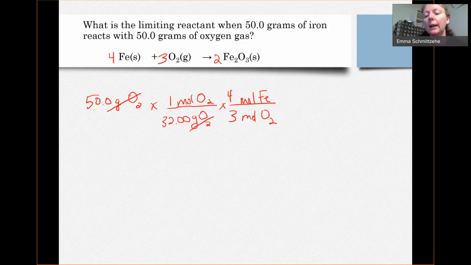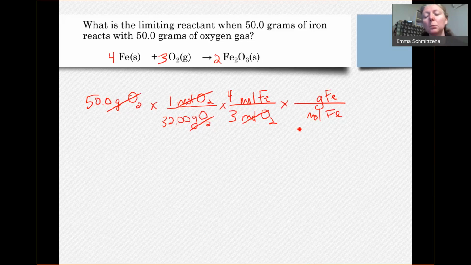Next up, since the iron that I have is in grams, I'm going to convert the iron that I need into grams as well, so it's easier for me to compare. Okay, so I'm going to convert my moles of iron into grams of iron.